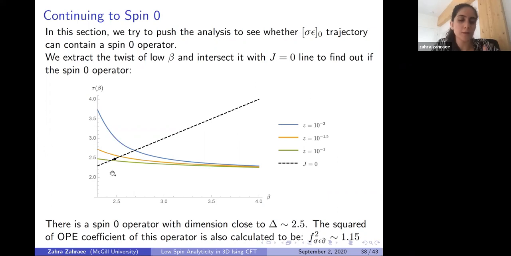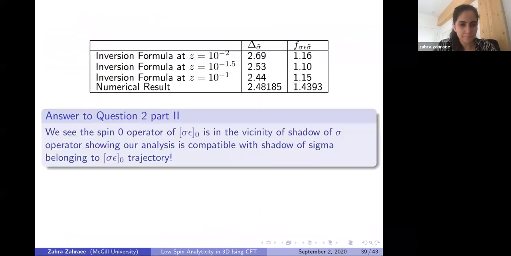However, it's not quite on top of it. So similar to what we had for epsilon and similar to what we had for the intercept, we see that the spin 0 of the sigma epsilon 0 family is in the vicinity of the shadow of sigma operator, showing that the analysis is compatible with shadow of sigma belonging to the sigma epsilon 0 trajectory.